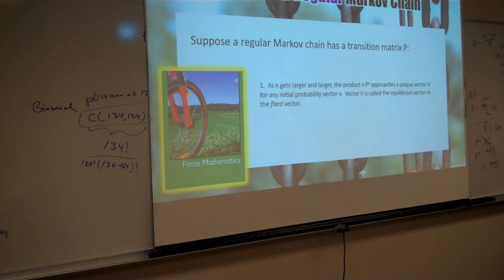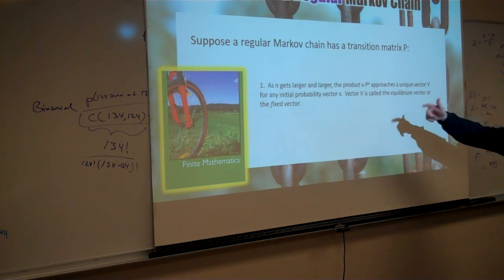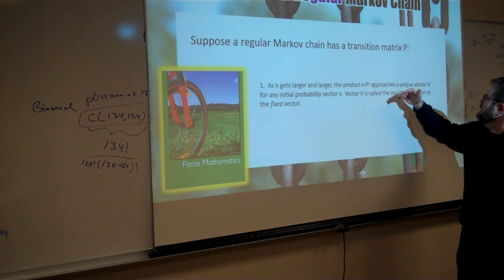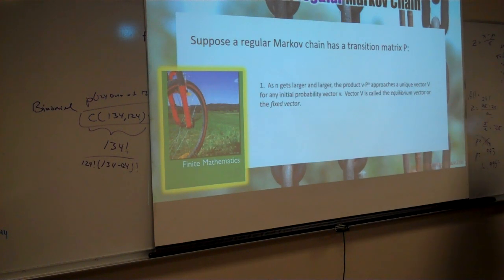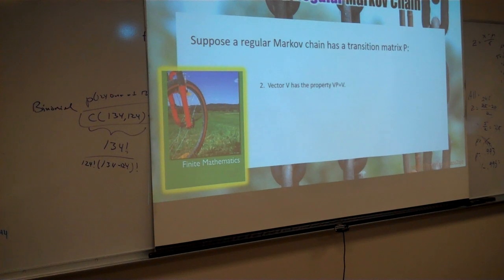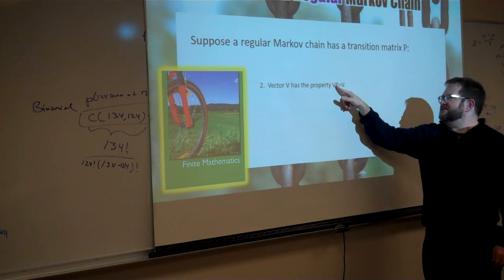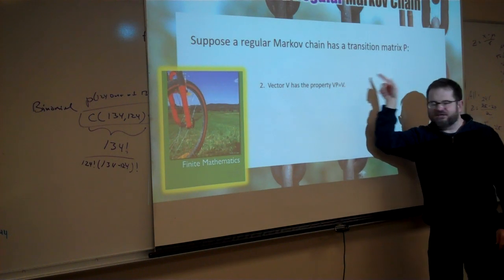But these regular Markov chains have certain properties, all of which we've talked about today. As n gets bigger and bigger, the product of our original population times p to the nth power approaches the equilibrium vector. That equilibrium vector does have this property, v times the transition matrix equals v.